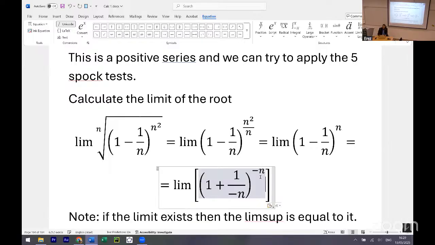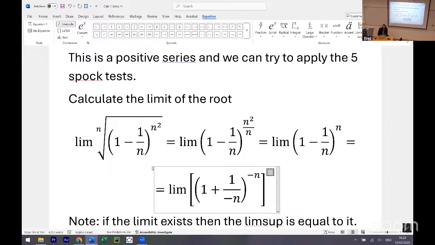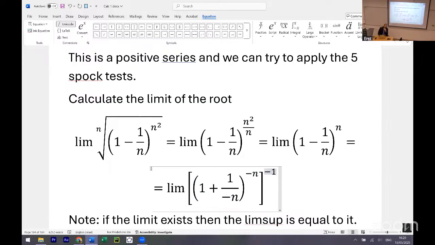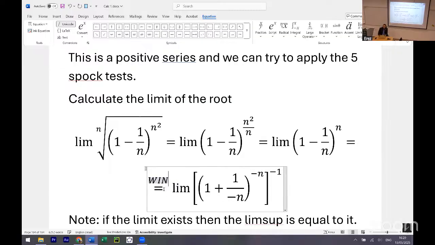Okay, and you need to fix what you did, so you take it to the power of minus 1. So that is a specific case of wouldn't it be nice, right?